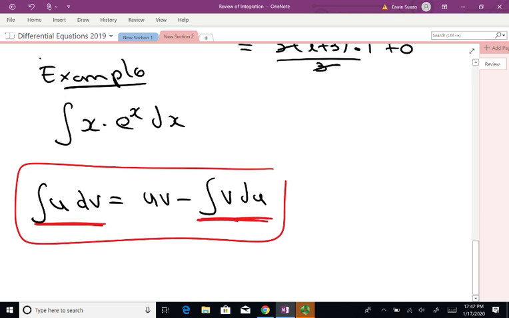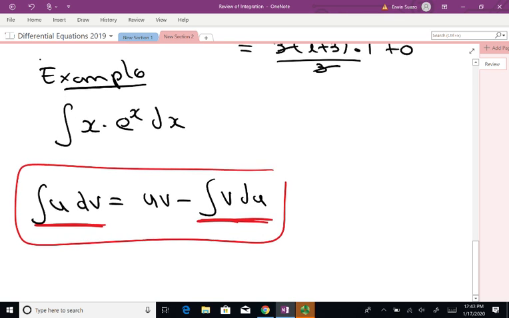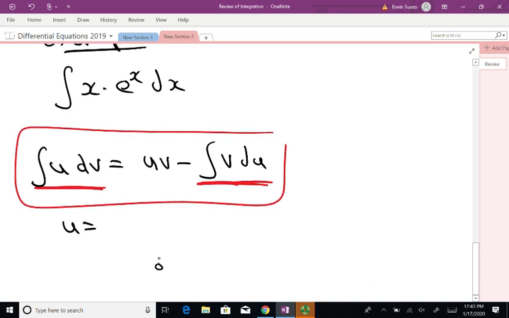So that's why integration by parts is valuable. So we need to make a substitution. What will be u? We need to choose u and we need to choose dv. So what would you like to have for u?